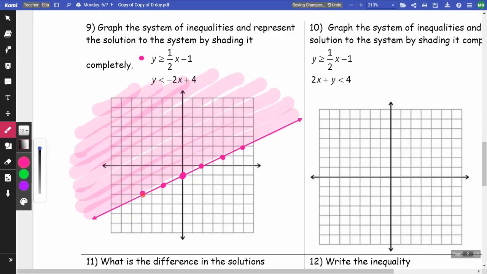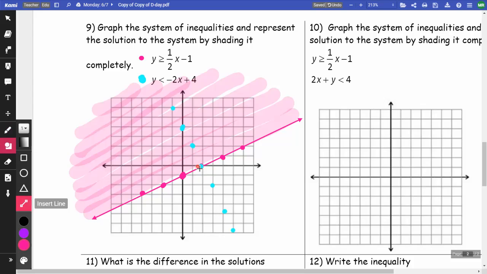Okay, so the next one, let's say I do that one in blue. So that one I'm going to be starting at 4. 1, 2, 3, let's see, 1, 2, 3, 4. And then my slope is -2, so I'm going to go down to the right 1, down to the right 1, and so on. And this one's going to be a dashed line this time.